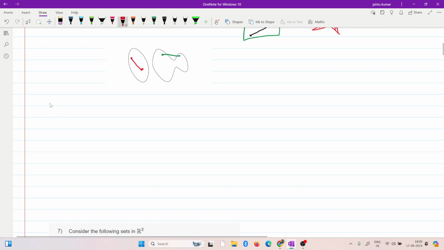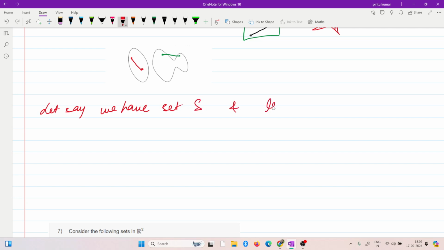Now we can define this mathematically. Let's say we have a set S, and let x1 and x2 be any 2 arbitrary points from this set S. Then what is the equation of the line joining these 2 points? The equation of this line is given by alpha times x1 plus (1 minus alpha) times x2.